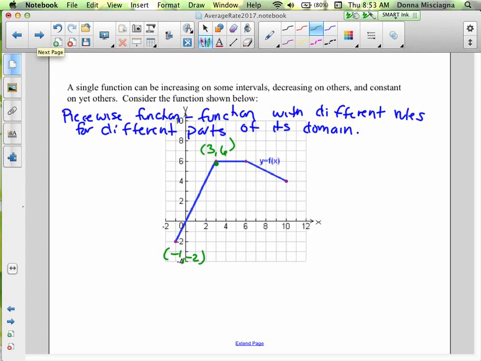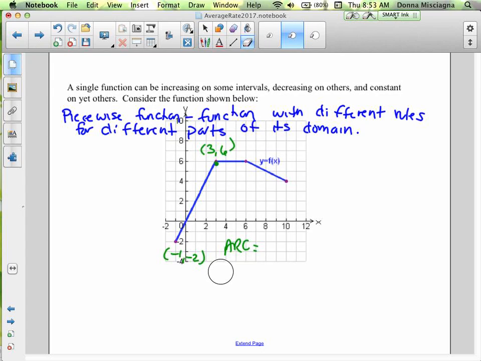Right? So if we take a look at that function, we do have a linear function here. We can find the slope of that function. So the average rate of change, I'll write over here, the average rate of change from 3, 6 to -1, -2.